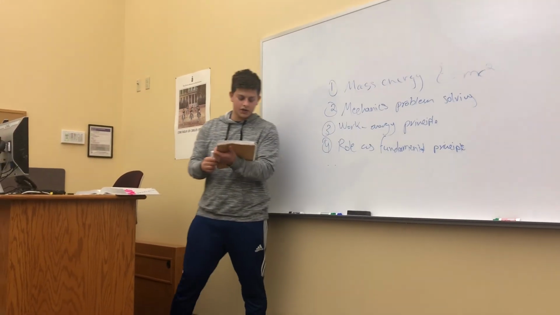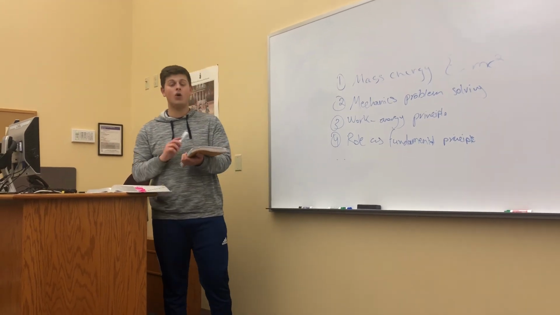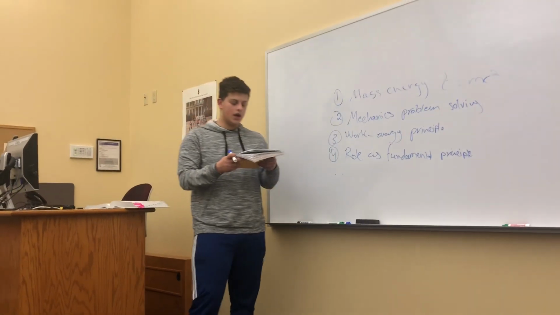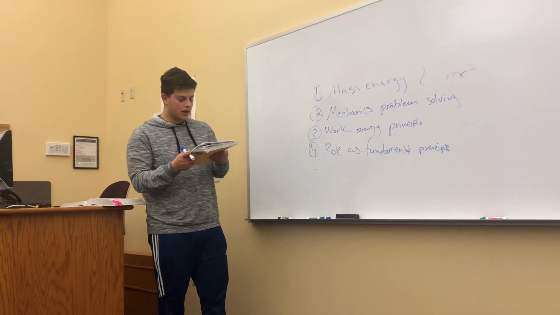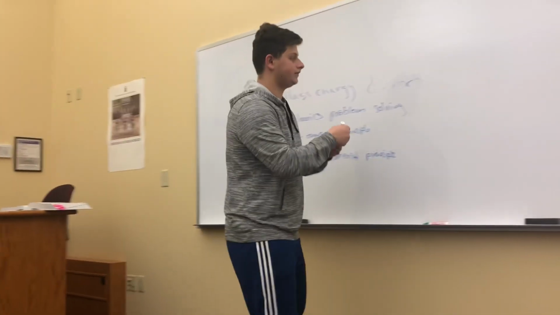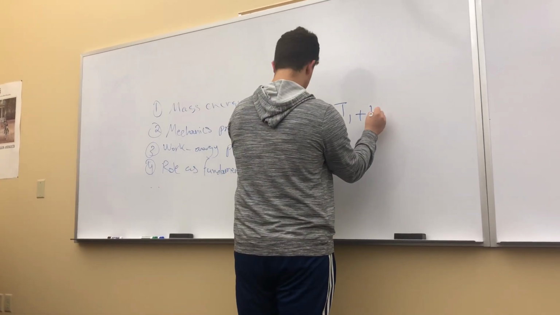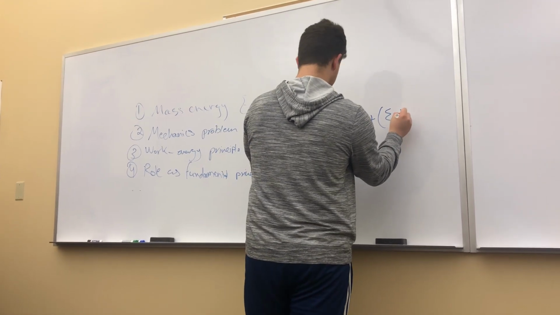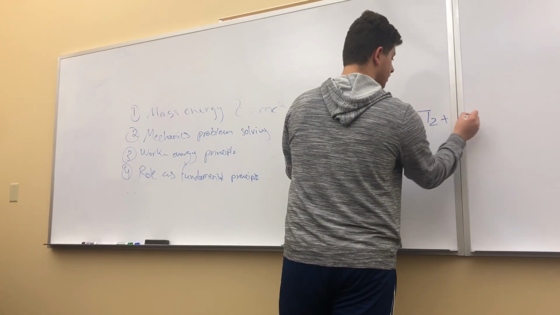So, conservation of energy requires specifying the kinetic and potential energies at only 2 points. So when we have a particle acted upon by a system of conservative and non-conservative forces, the work can be written as this: T1 plus V1 plus the sum of U1-2 is equal to T2 plus V2.